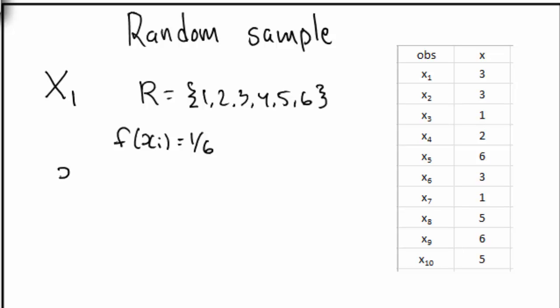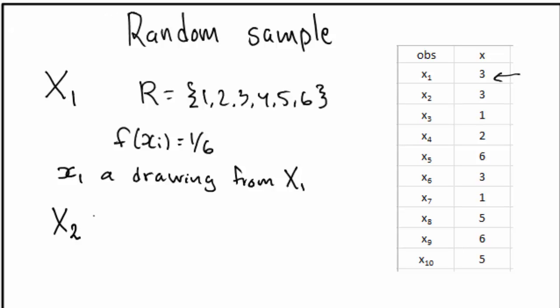And then I simply think about small x1, the number that we recorded in the table, as a drawing, as the outcome of the experiment. Well, I can do the same thing for the second observation by specifying a second random variable called X2 with exactly the same range and exactly the same probability distribution function.